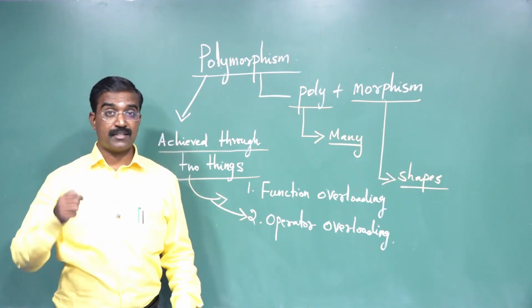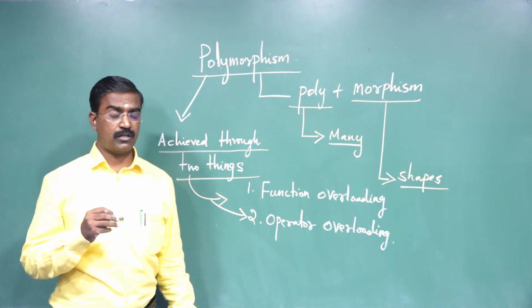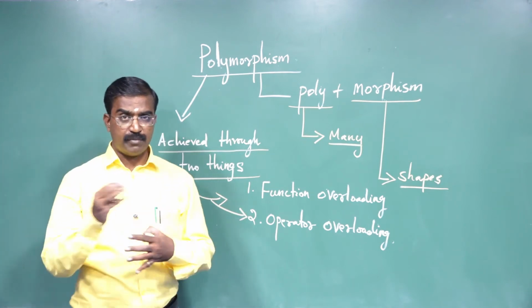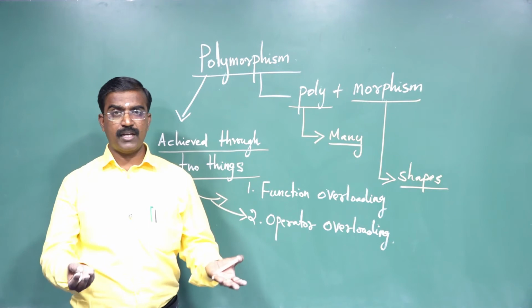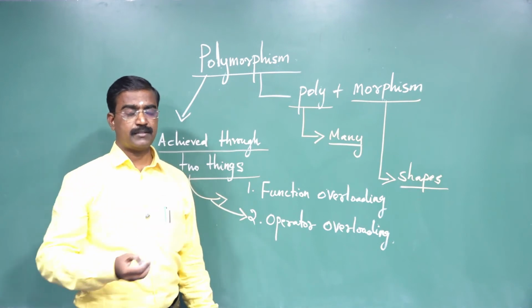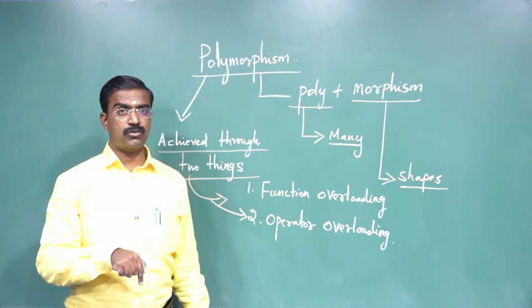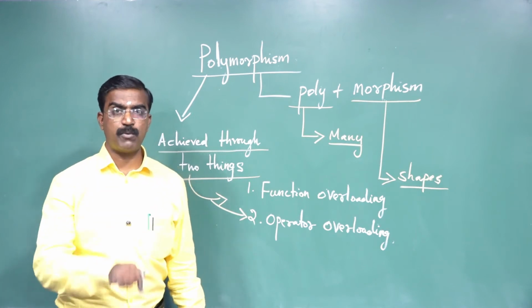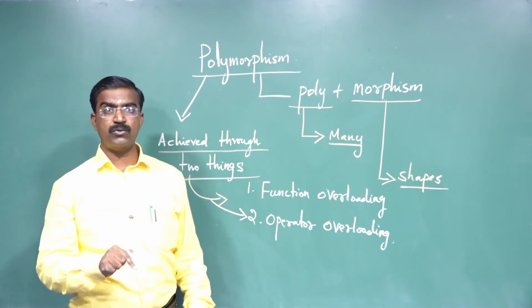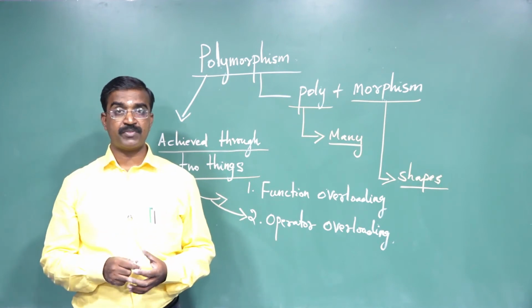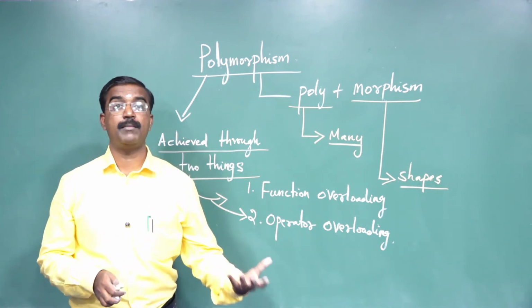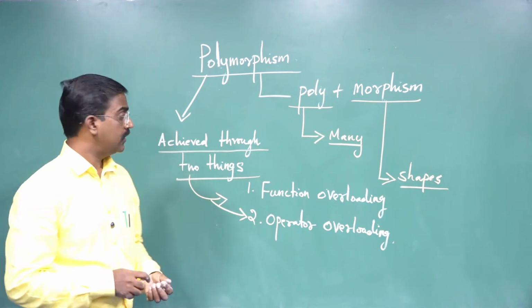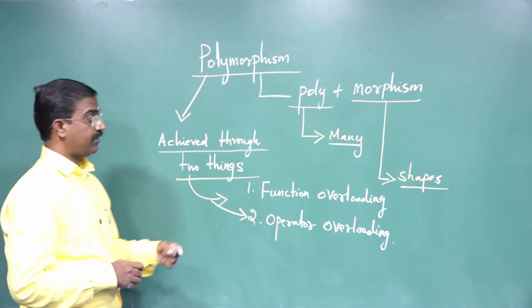But as the supplier, based on the orders, he will distribute to the persons. So here also, the ability of an object to respond differently to different messages is called polymorphism. This is the real definition.